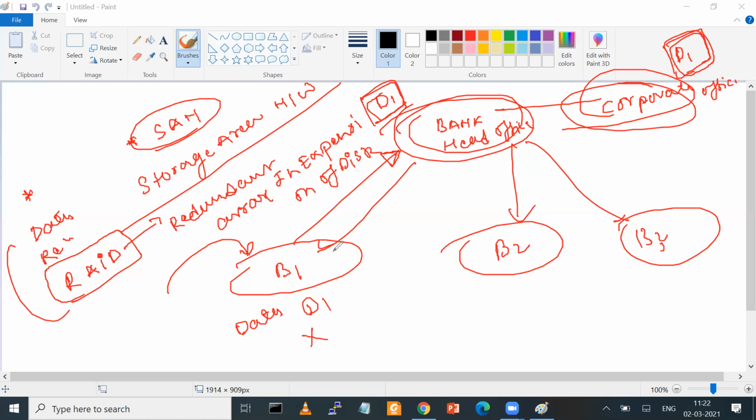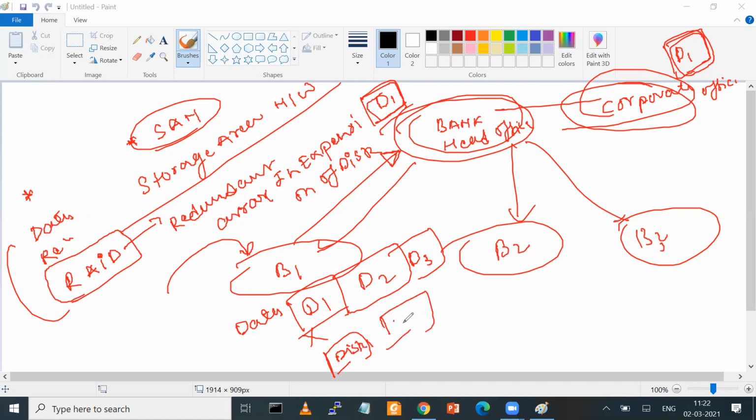The same data I'm saving here as well, here as well, here also. So the same data I'm storing on 3 disks. So here it's kind of wastage of disk also. But the advantage is that if I lose my data from one disk, I can recover from the next two disks, which are at my other locations.